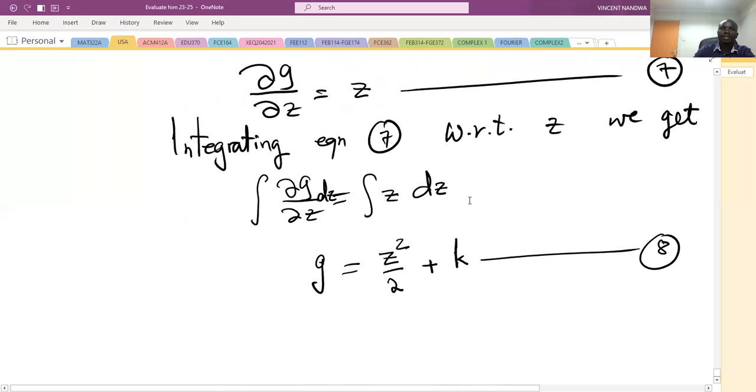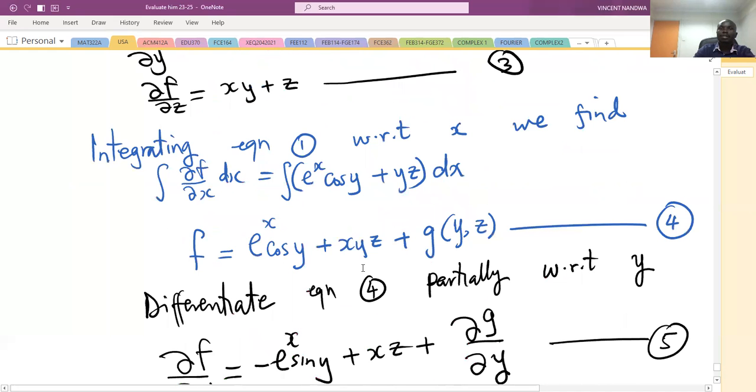We can now successfully give our function, because g was the only problem in equation 4.